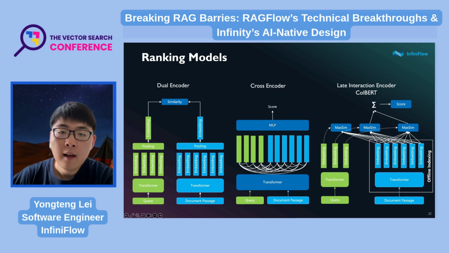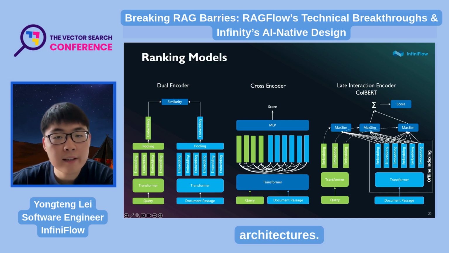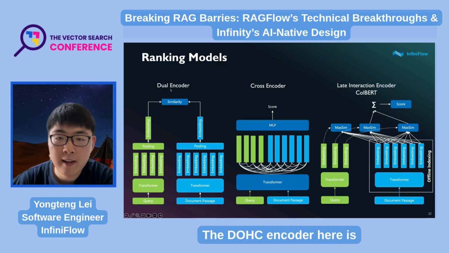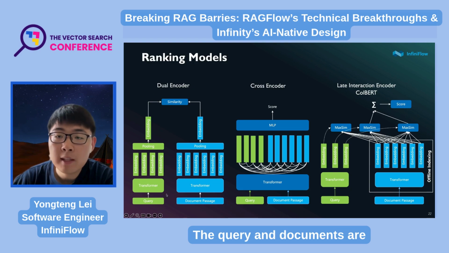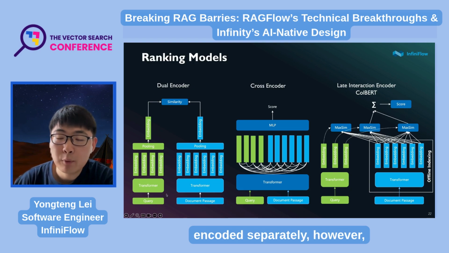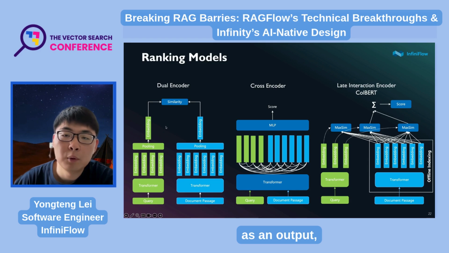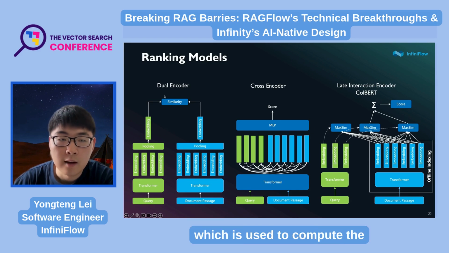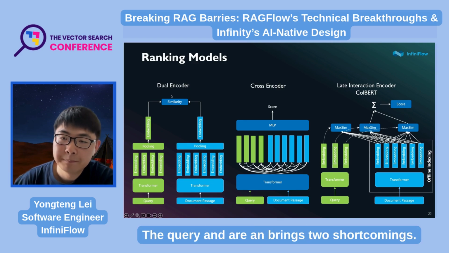Here we have some classical re-ranking model architectures. The dot encoder here is actually how vector search works. The query and documents are encoded separately. However, only a single embedding is produced as output, which is used to compute the similarity during the online retrieval.